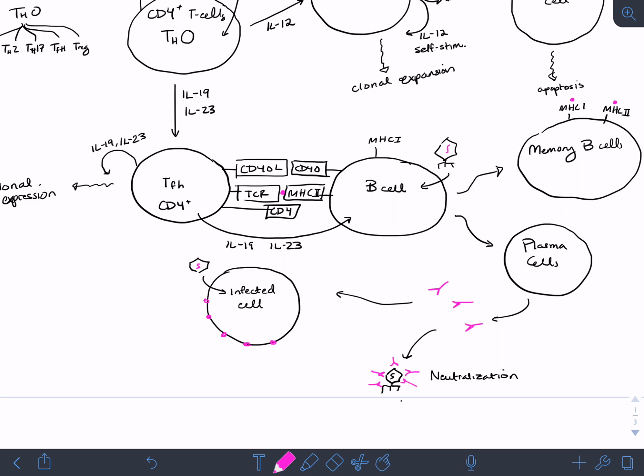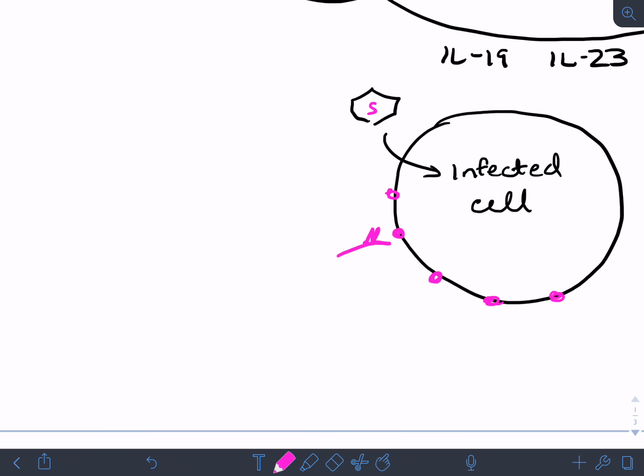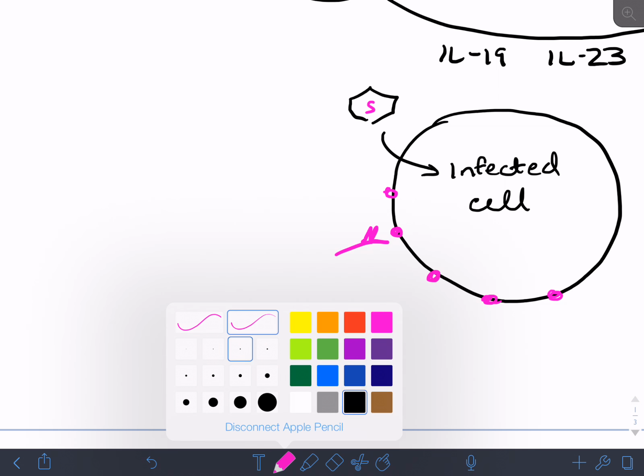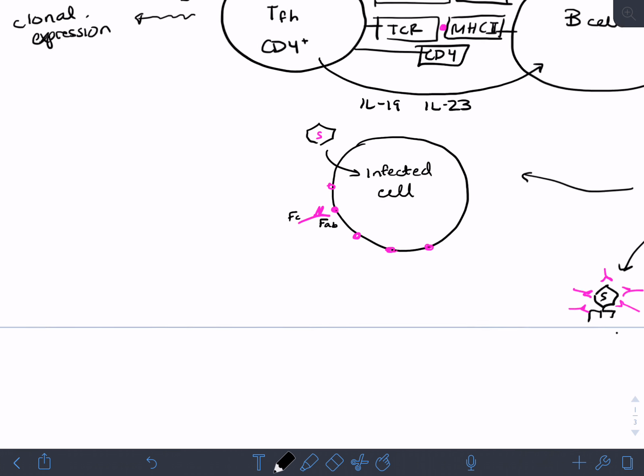Now, what's going to happen is this antibody that's secreted by the plasma cell is going to find these peptides, because these are essentially antigens. And remember that your antibody has two portions to it. It has the FAB, which is the portion that's specific for the antigen, and you have the FC, which is the constant region, okay?